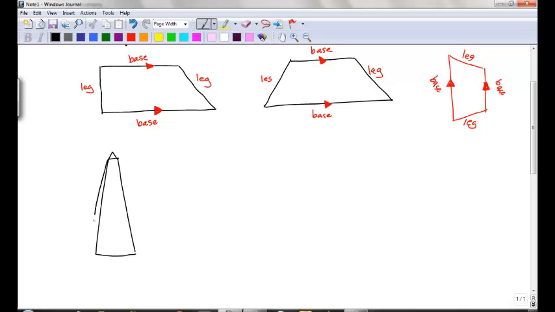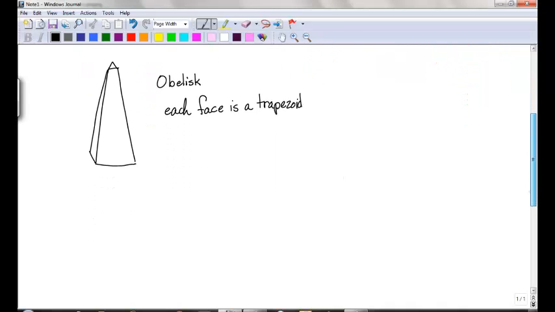It's a solid, and you can look this up on your iPad. An obelisk, like the Washington Monument, has faces, and each face is a trapezoid. That's the advantage of having that iPad. You can look up anything, so you can look up examples.